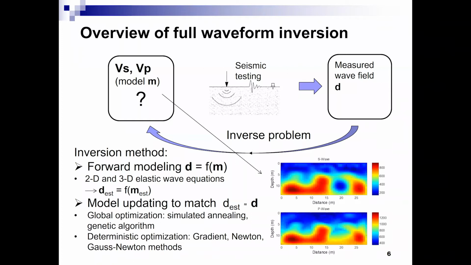This is an iterative process, matching the signal. During my PhD, I did simulated annealing and genetic algorithm with the supervision of Dr. Hiltunen. And after that, we did the deterministic approach: Newton, Gauss-Newton, gradient approach.